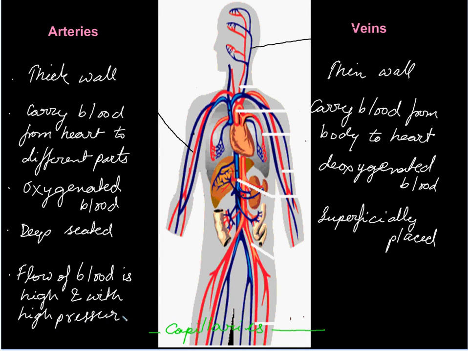But as veins carry deoxygenated blood, the flow is slow and steady, in a slow, step by step, very gradual manner. So this is how arteries and veins differ from each other. The one common thing is that both carry blood, but one carries oxygenated blood and the other carries deoxygenated blood.